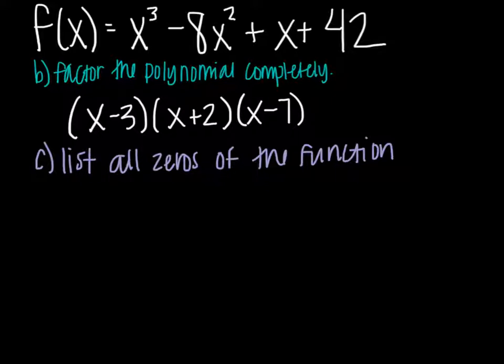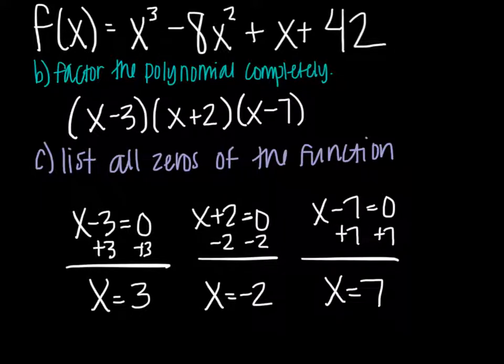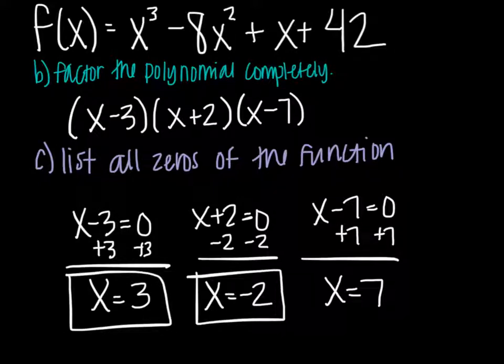So in order to list all the zeros, we're going to take each of these and set them equal to 0. So x minus 3 equals 0, x plus 2 equals 0, and x minus 7 equals 0. Each of these we're going to solve to get x by itself. So here's each of these solved. Our 3 zeros for this polynomial: x equals 3, x equals negative 2, and x equals 7.